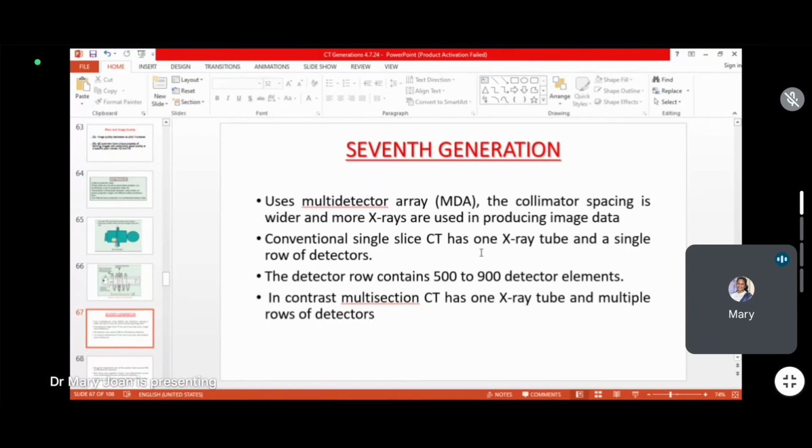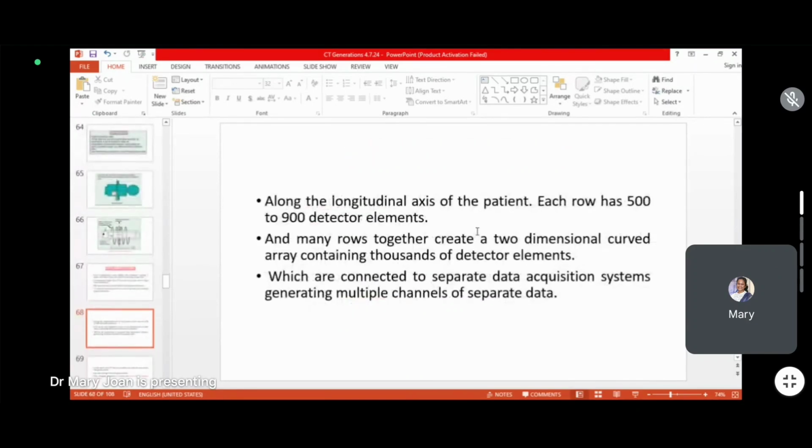In contrast, multi-section CT has one X-ray tube and multiple rows of detectors along the longitudinal axis of the patient. Each row has 500 to 900 detector elements, and many rows together create a two-dimensional curved array containing thousands of detector elements, which are connected to separate data acquisition systems generating multiple channels of separate data.